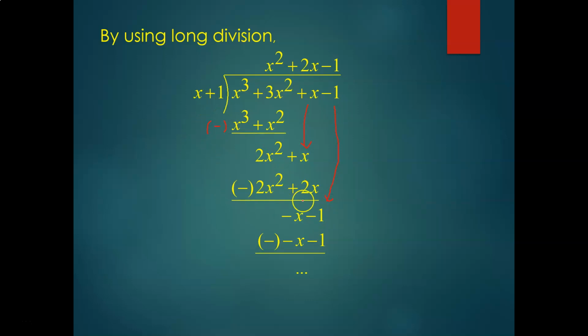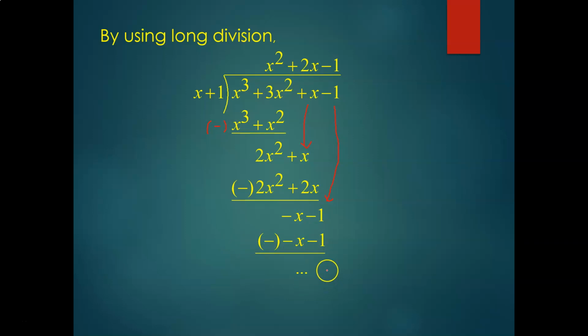Again, x times berapa dapat negative x? x times negative 1, so you get negative x. And this 1 times negative 1, you get negative 1. So again, we minus these two, you get nil. So the remainder is 0.